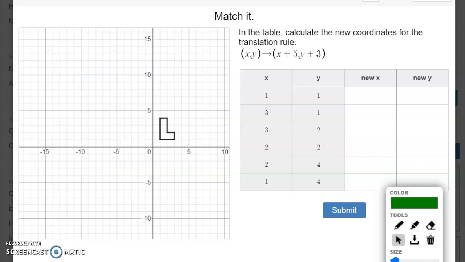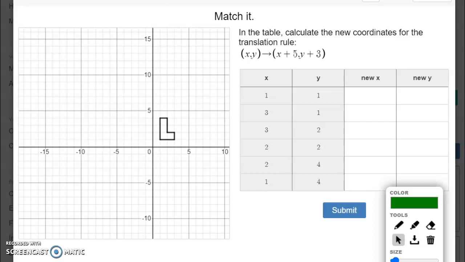Card number 7. Okay, in this table, calculate the new coordinate for the translation rule. This time we're not given the translated images, but we are given the rule. Okay, so what does that mean? Okay, we can do it two different ways. Let's start by doing it using this notation. So when you look at this point right here, the coordinate is going to be 1, 1.